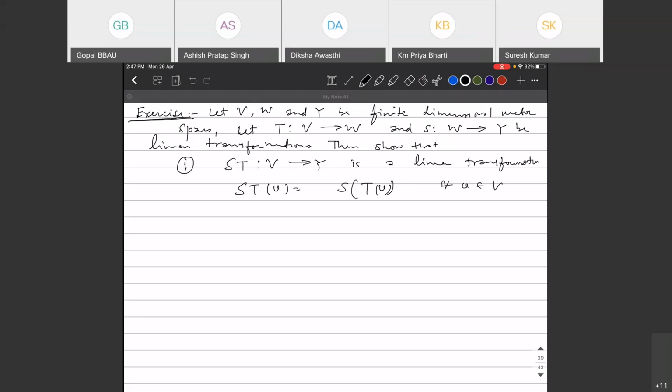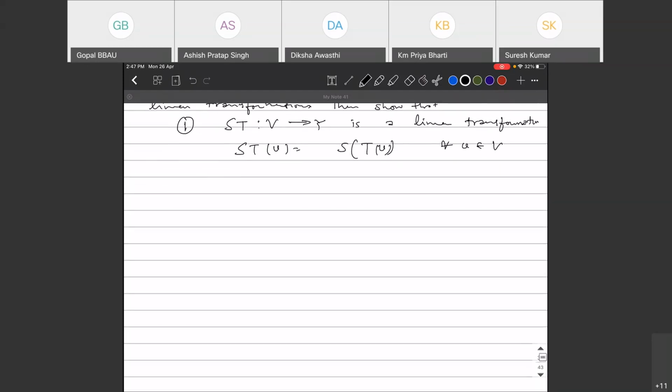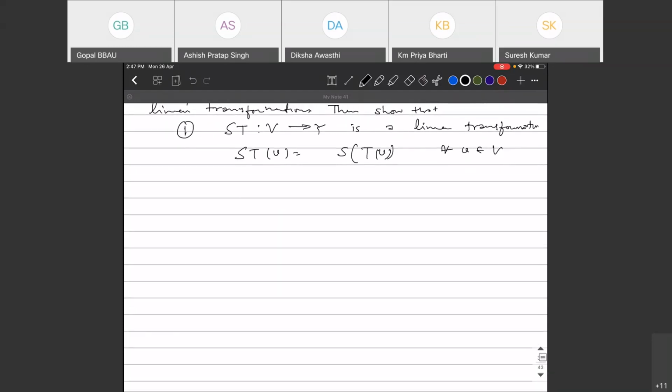So first show that this is a linear transformation, and showing this is easy.